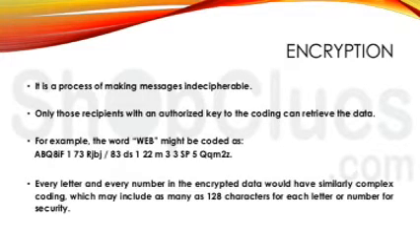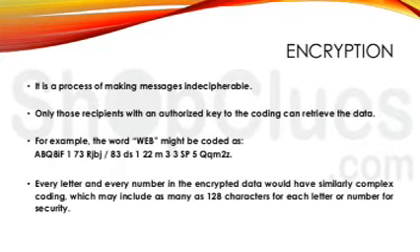So all the messages can be kept in a coding by using a coding method, and they can retrieve the data. For example, the word web might be coded using any method or any character; there are 128 characters which you can use for this coding system. Any letters or any numbers we can use.